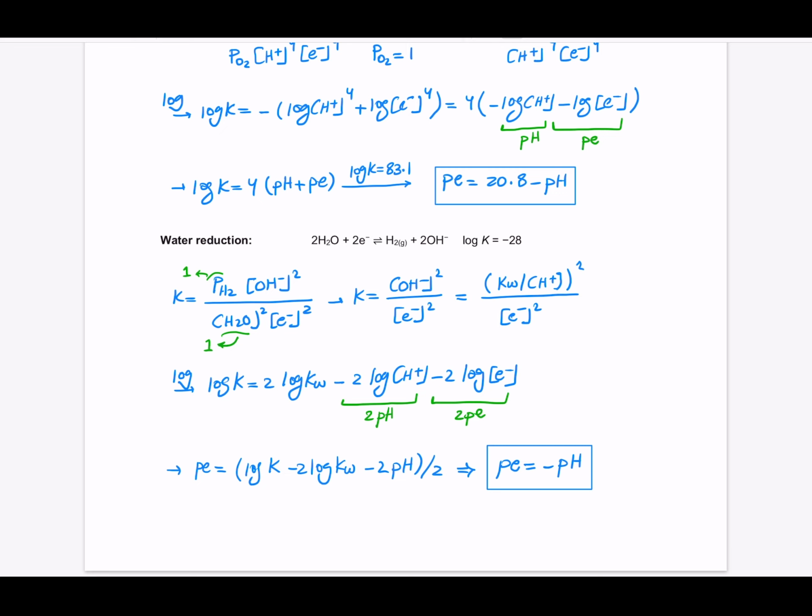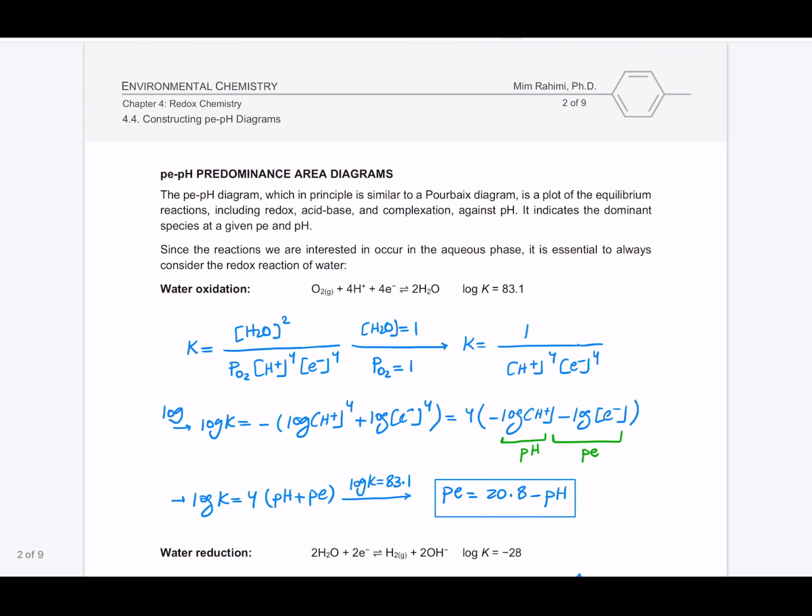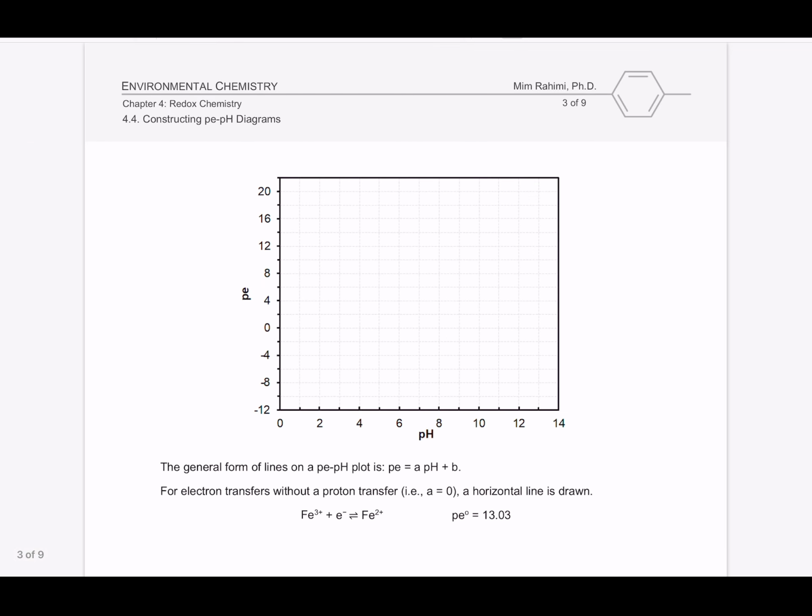So the next part is we have these two lines. We can just construct them in a pe-pH diagram. The first one is, what is the value? 20.8 minus pH. So we just need 2 points. Let's say the pH of 0. Then that would be 20.8. So roughly here.